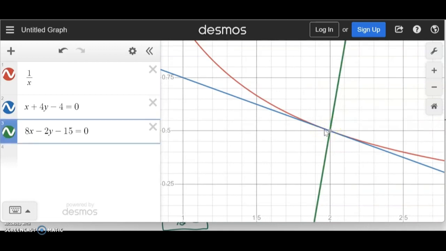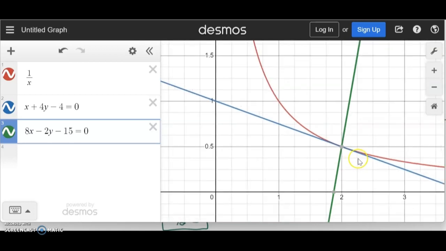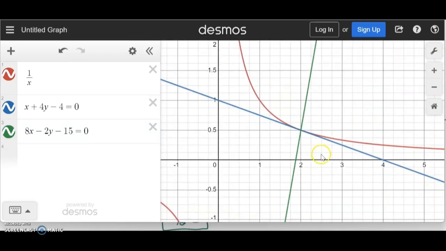We know that from the slopes of -1/4 and 4. They both intersect at (2, 5). So what this means is that the blue line is the tangent line, and the green line is the normal to the tangent. Again, they go through the same point.